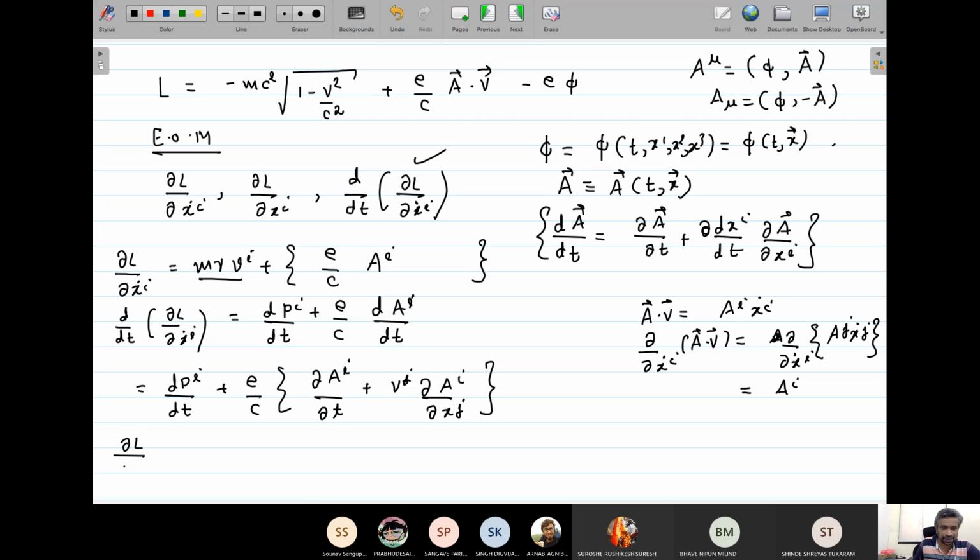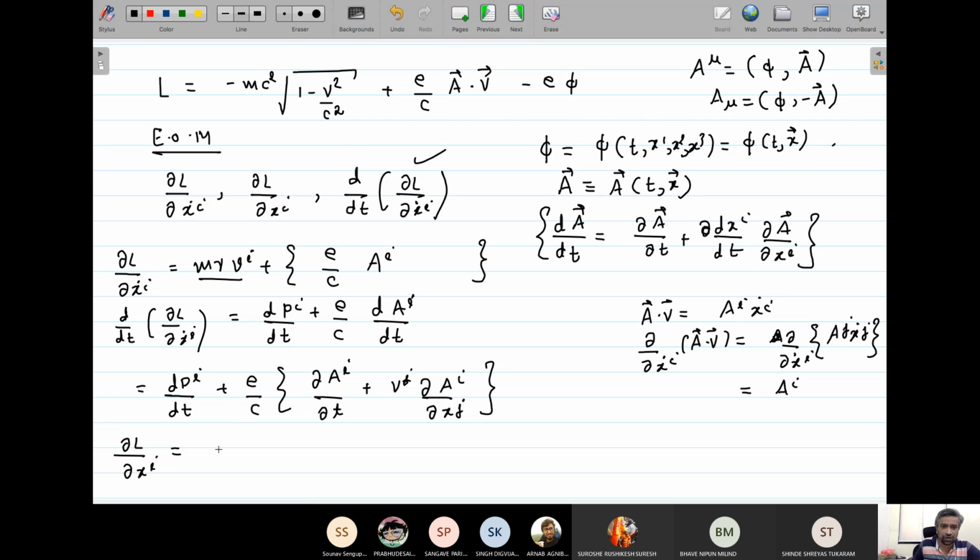And del L by del x_i will be equal to, no contribution will come from here. Some contribution will come from here and some from here, because this A will depend on this vector x. Hence there will be some contribution to this term.